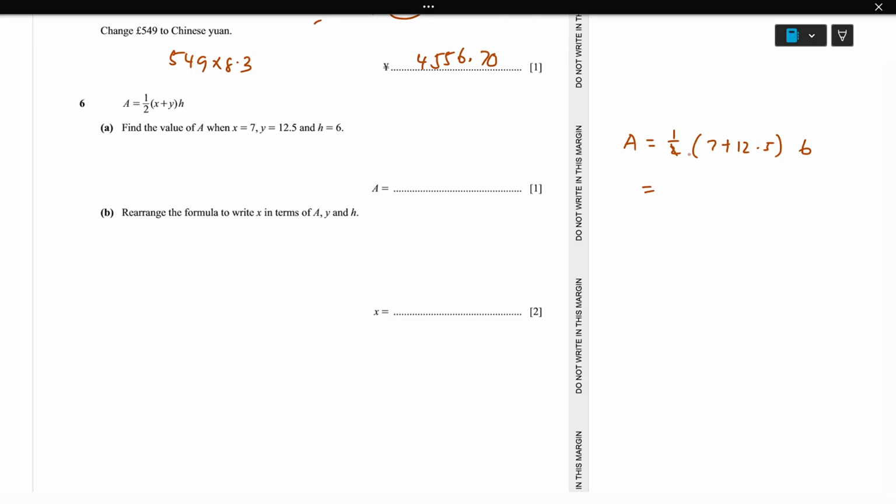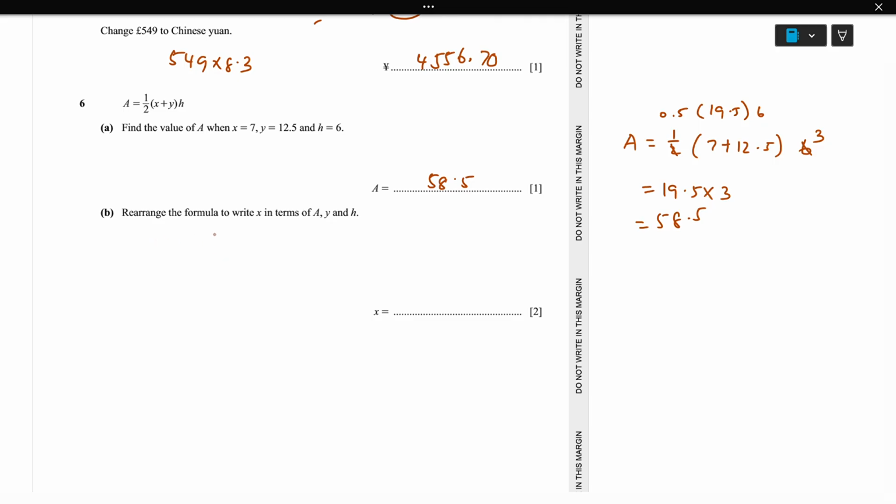Here this and this give 3, or else you can do it without reducing, because this is 0.5 and this is 19.5 and 6. Just use the calculator. Here 19.5 times 3, so the answer is 58.5.